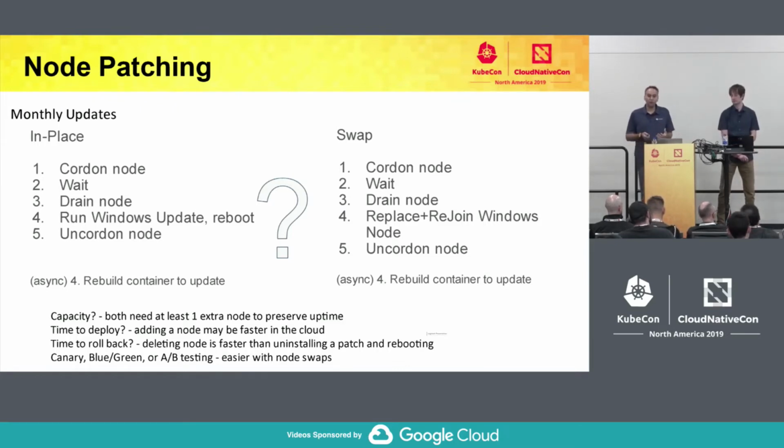If you have workloads running on that node and it's a production node, the first thing you need to do is cordon the node in Kubernetes. That means the node will not get any new containers, so nothing new will be scheduled on it. Then you have to wait, because studies have shown that a lot of containers are fairly short-lived. That may not be as applicable on the Windows side, but it is more true on Linux.